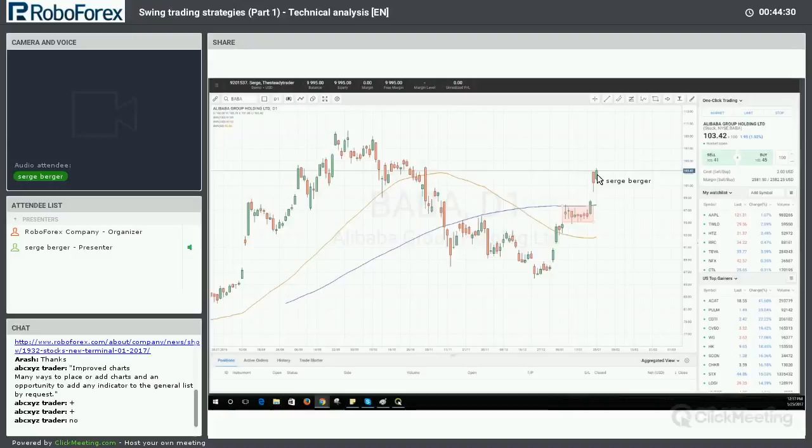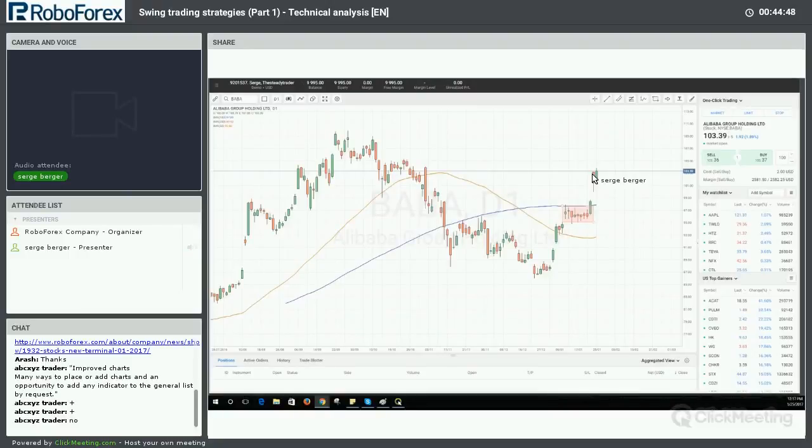In fact, you can see today Alibaba is pushing above marginally, not much yet, but marginally above the highs from yesterday. So this is a new swing in development.